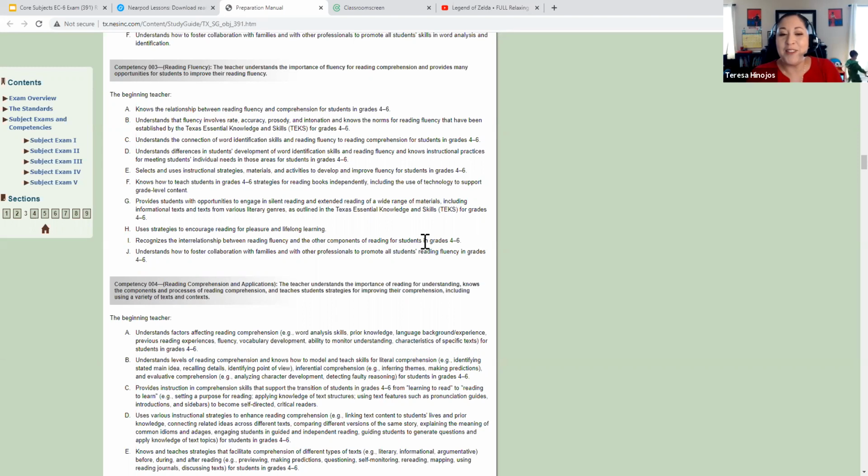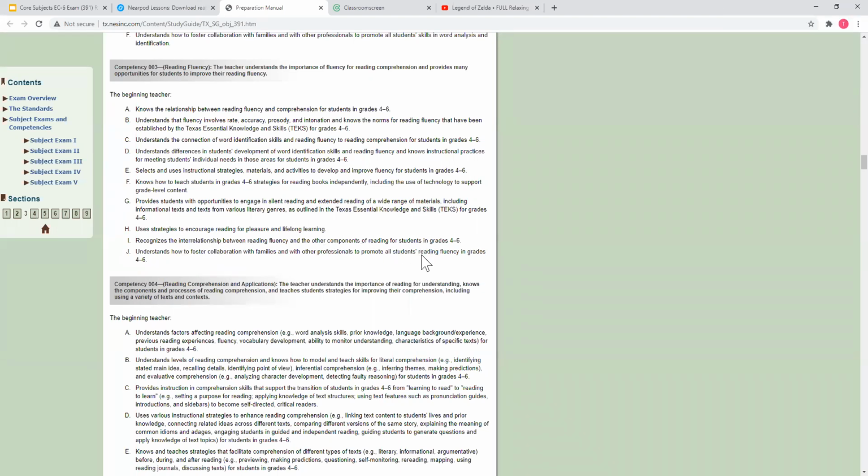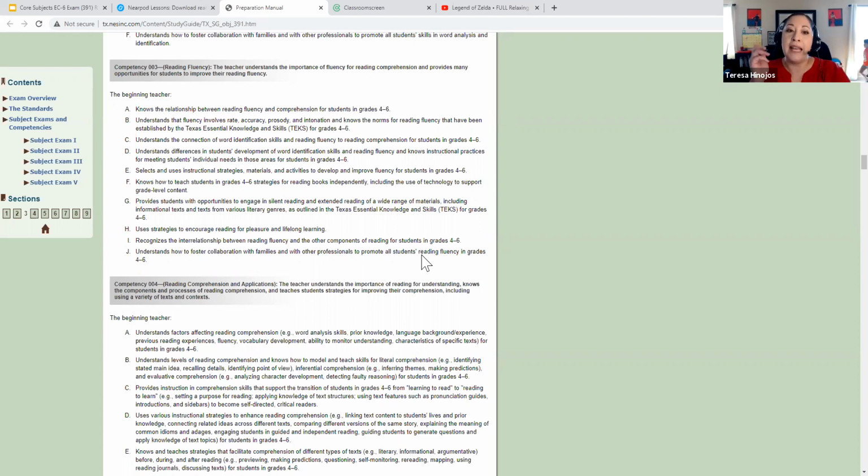Okay, thank you for sharing that. When it comes to collaboration with the families, this is more referring to making sure that you're engaging with the families so that they can help you work on the students' fluency. It could be literacy nights.